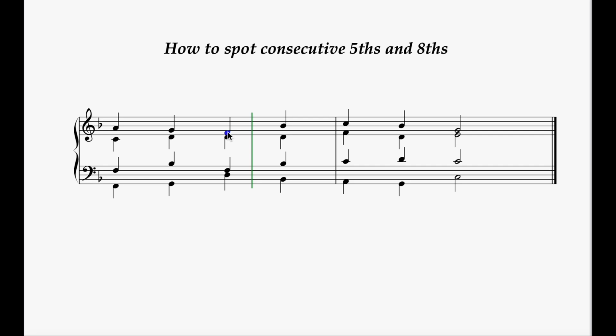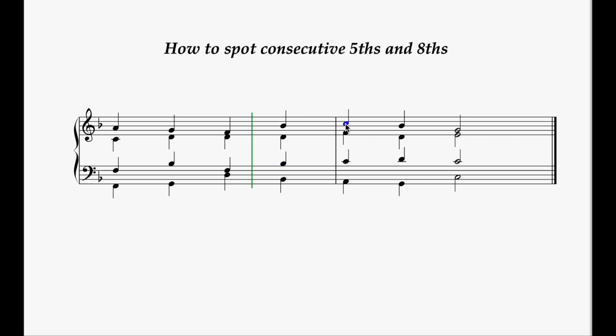So we have the soprano stepping from F to B flat and the tenor steps from F to B flat. We have consecutive octaves, okay? So that's not allowed. You can learn to do it really quickly, and you just have to step through every combination of chord and check if any two voices move the same way.